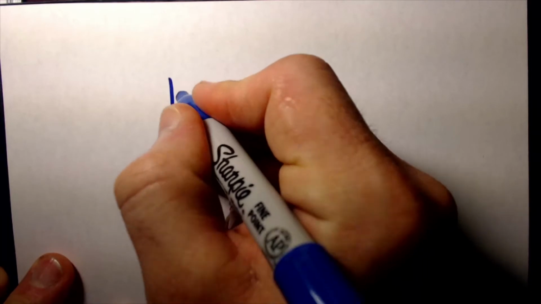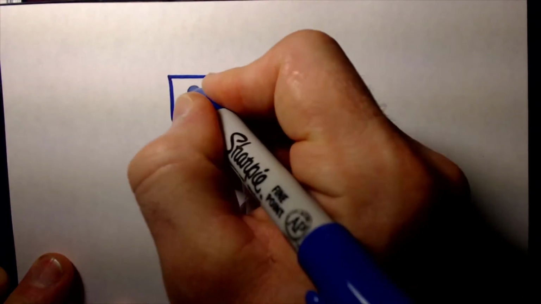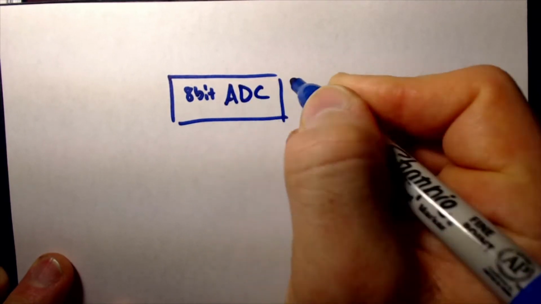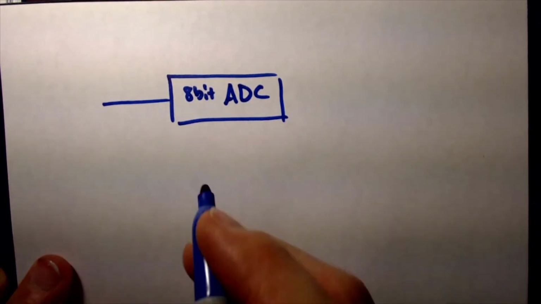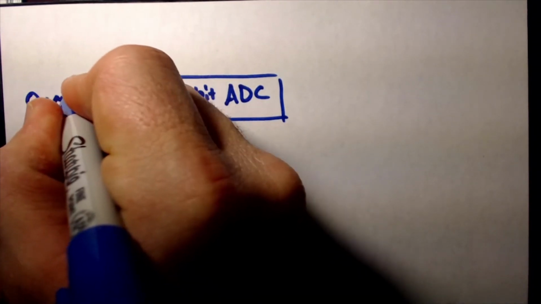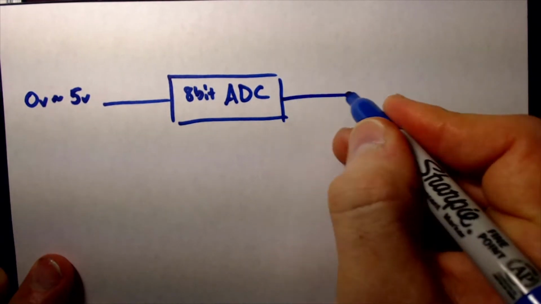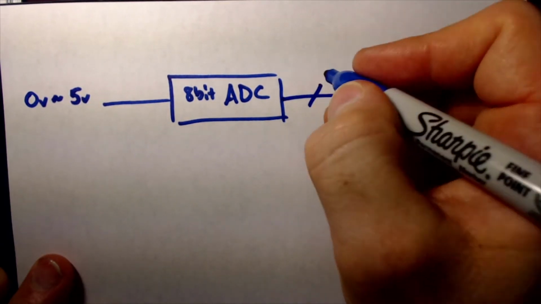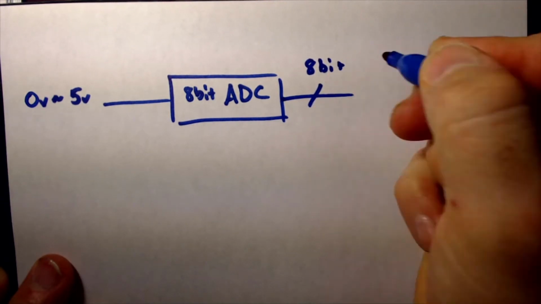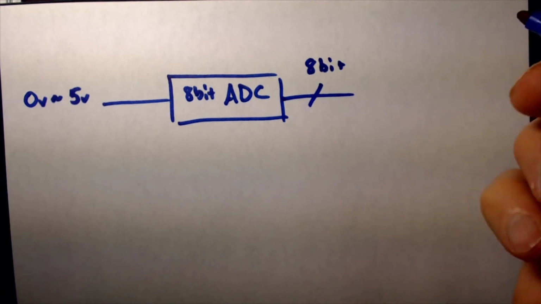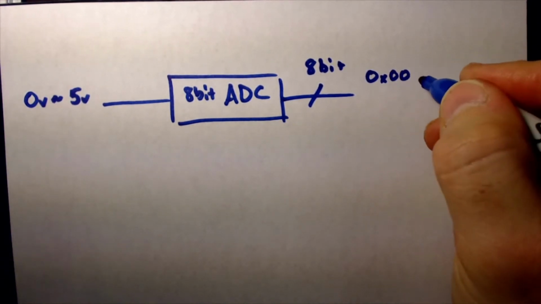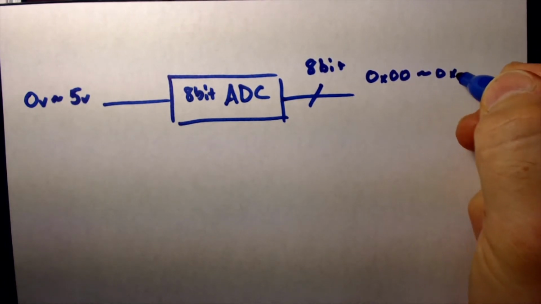So let's take our ADC. We have one wire coming in that can take on a value of 0 volts to 5 volts, and it spits out a discrete number that can take on a value range of 0x00 all the way to 0xFF.